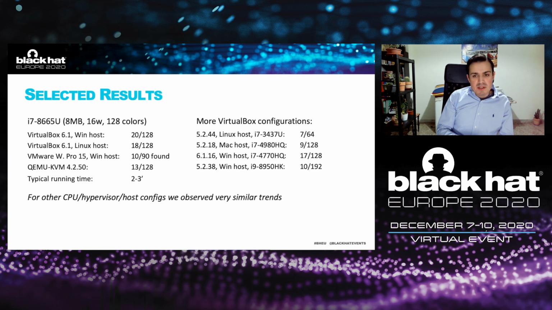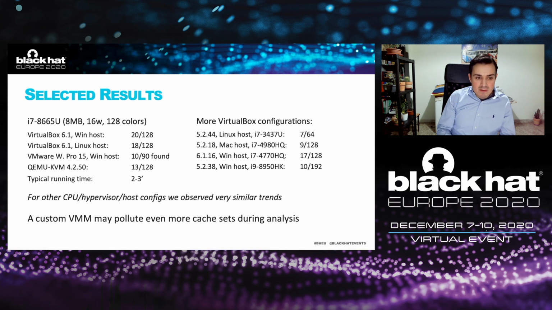And we observed this in general in other CPU and hypervisor combinations, while on a native execution you don't see evictions, or you might get some 1 or 2 evicted because the system workload was high. Here we consistently got several sets that were being evicted, and the interesting part is that if you're running on a custom virtual machine monitor that performs, for instance, analysis at the hypervisor level, you might be polluting even more cache sets.